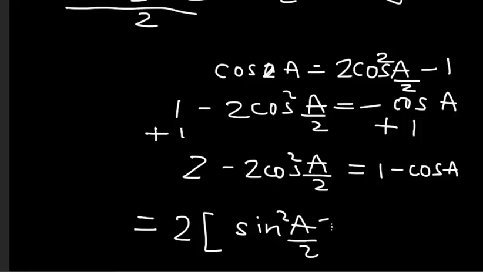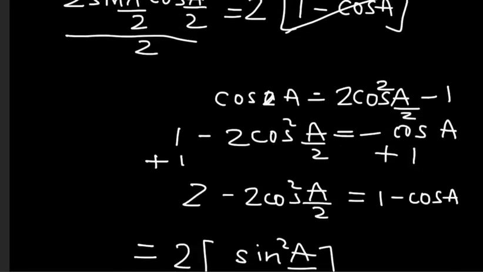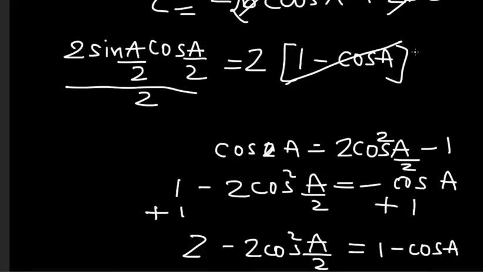So 1 minus cosine of A is equal to 2 sine square A by 2. So in this equation, instead of 1 minus cos A, I can write 2 sine square A by 2. So let me do that.